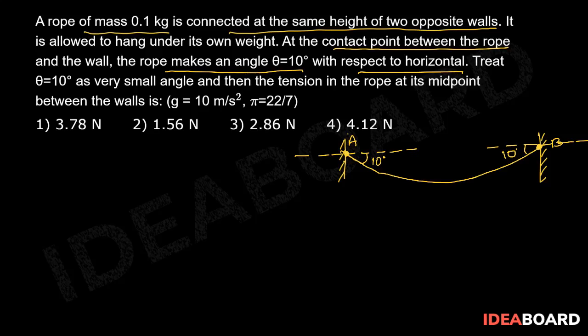Now let us draw the free body diagram on the rope. Its weight mg acts vertically downwards, and at the contact points tension T will act in such a direction that it subtends a 10 degrees angle with the horizontal at either of the contact points.